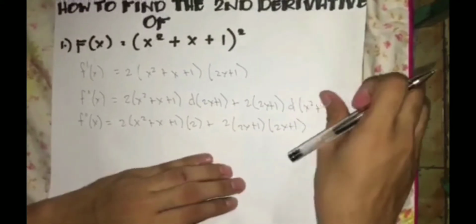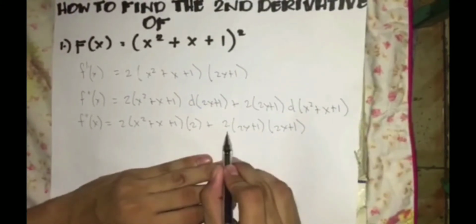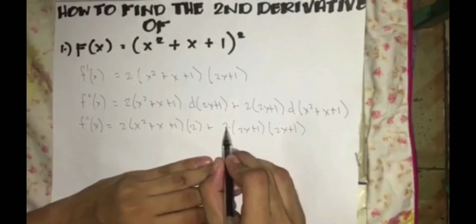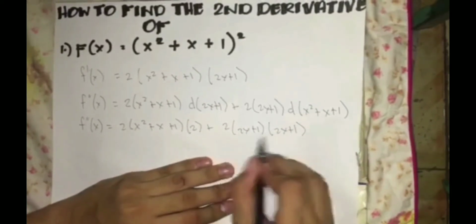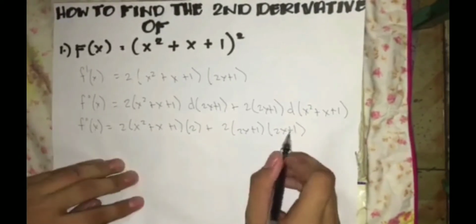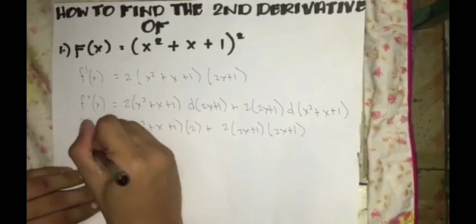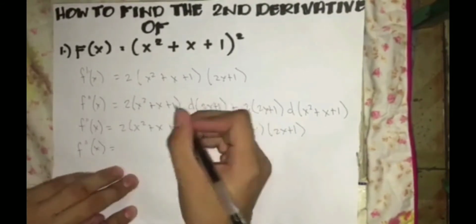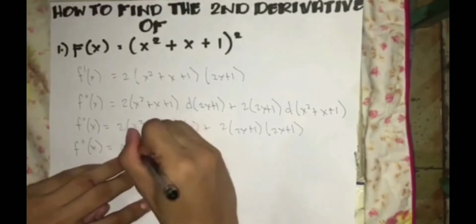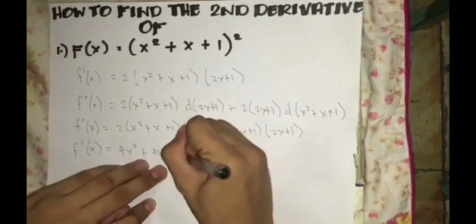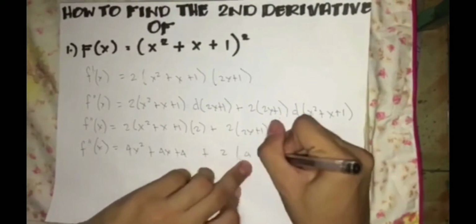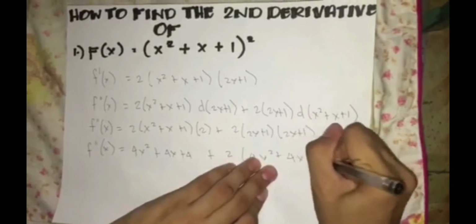After you do this, you need to distribute the 2 to both of them. So f double prime of x is equal to 4 times the quantity x squared plus x plus 1, plus 2 times the quantity 4x squared plus 4x plus 1.